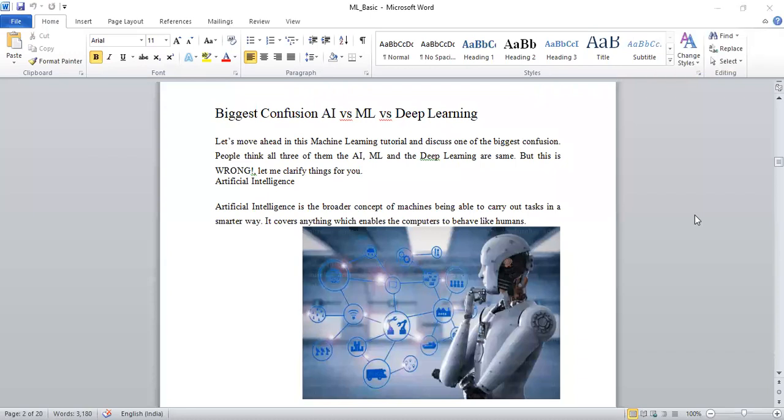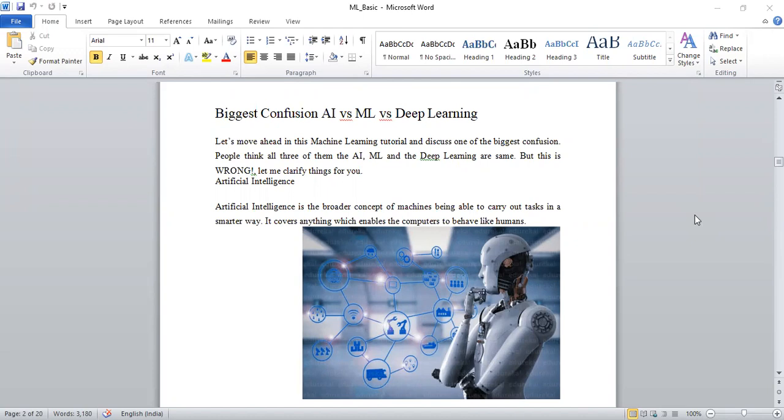Now come to this part. There may be confusion between these three terms. If you don't understand what difference lies between AI, ML, and deep learning, don't get confused here, just try to understand.